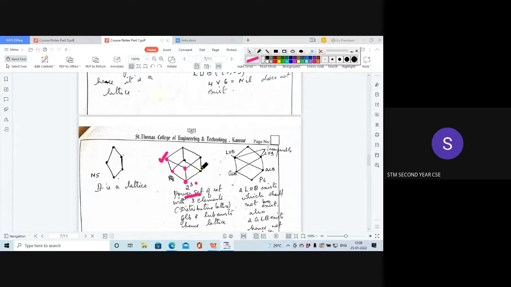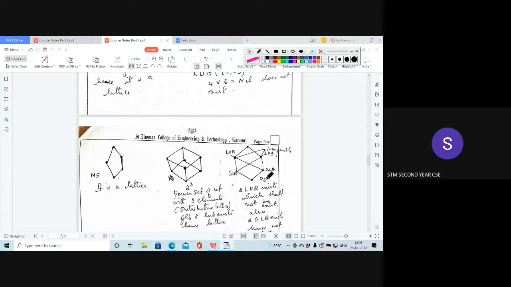Suppose we take these two, it has a least upper bound and a greatest lower bound. So if you take any two elements in the cube, it has a least upper bound and a greatest lower bound. So it can be considered as a lattice. So the power set of any set can be considered as a lattice.